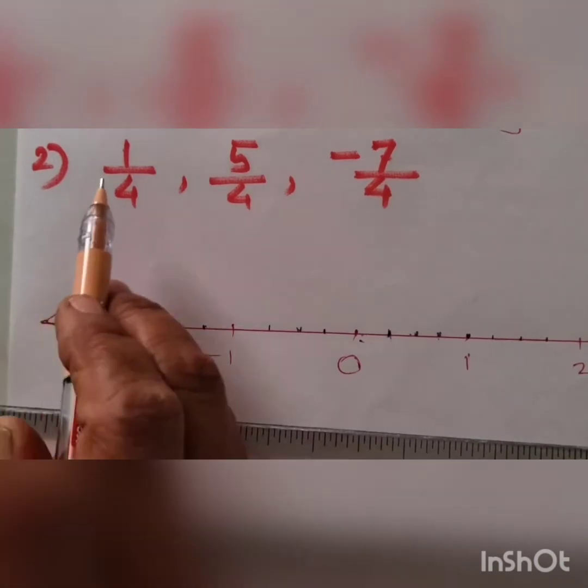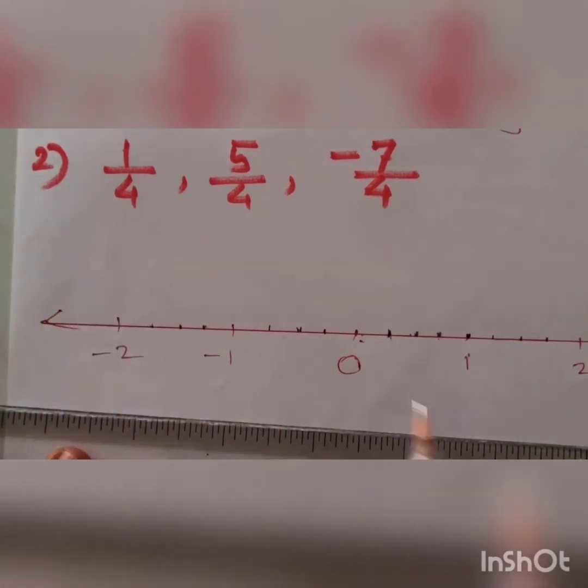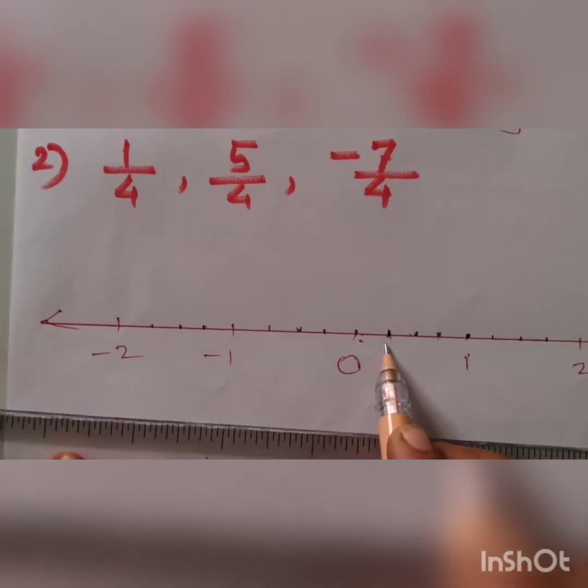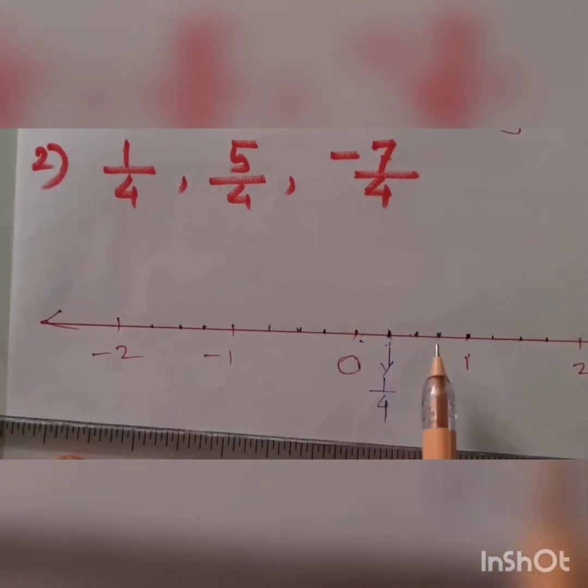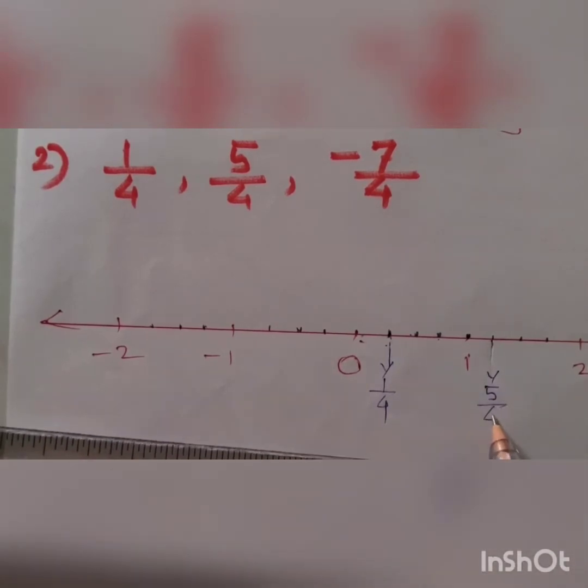Now we have to show 1/4 here. This first point which we draw on the 0 to 1 part will represent 1/4. 5/4 we are counting from 0. This is 1/4, 2/4, 3/4, 4/4 and the next one will be 5/4.